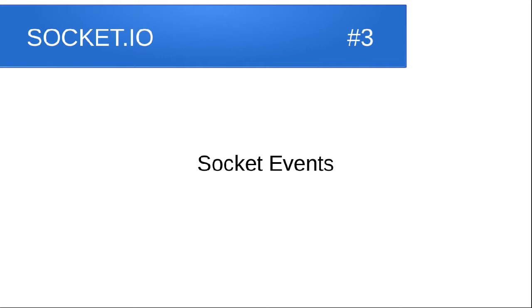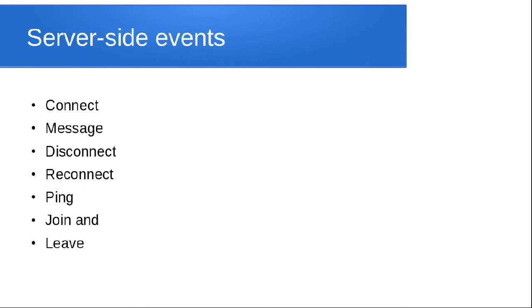There are some reserved events which can be accessed using the socket object on the server side as well as the client side. At first we'll move to server side events. You can see there are many server side events like connect, message, disconnect, reconnect, ping, join and leave and many more.